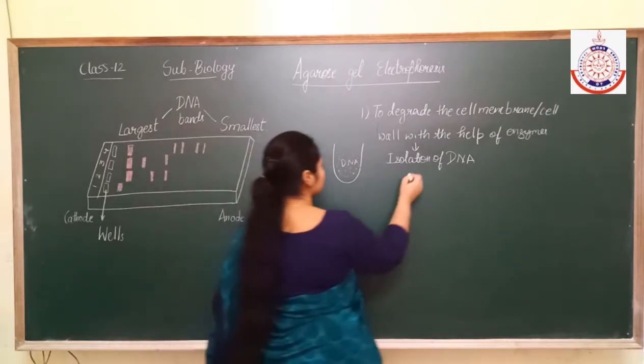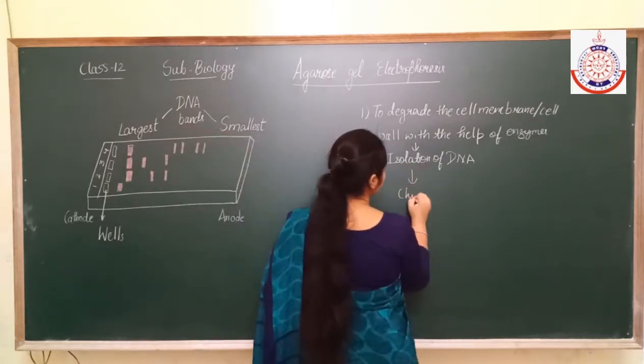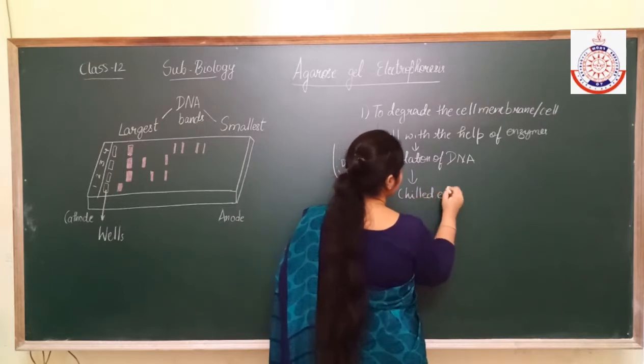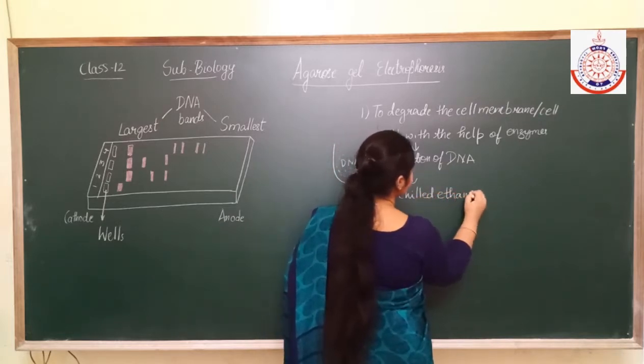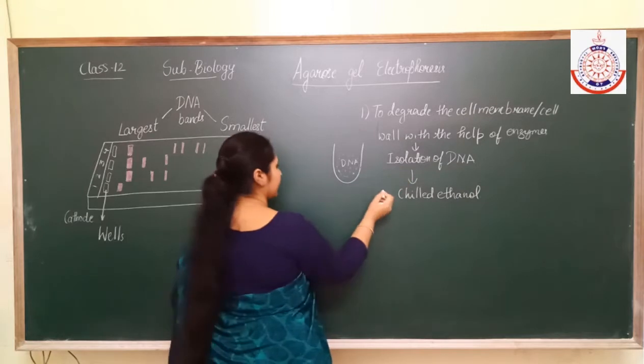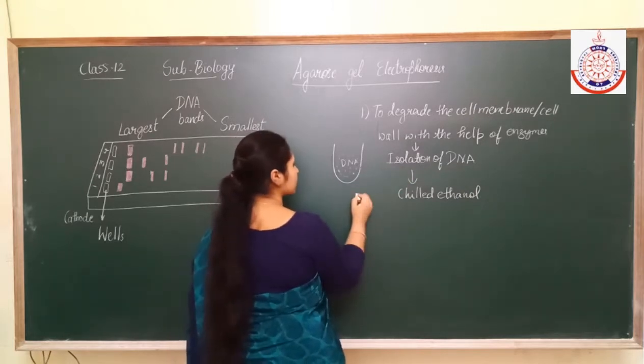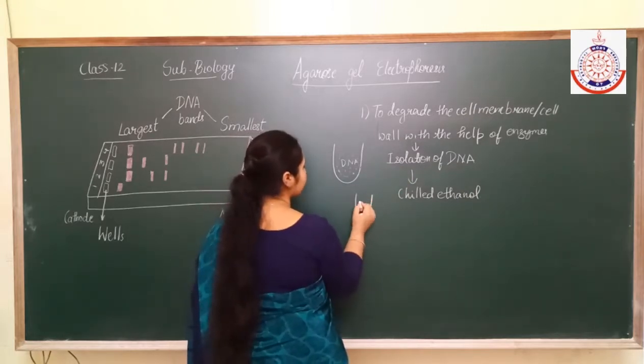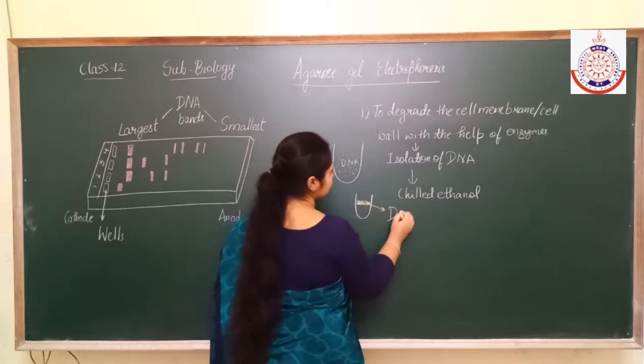You have to use chilled ethanol, which is used to separate the DNA. After using the chilled ethanol, what happens? The DNA will get precipitated.